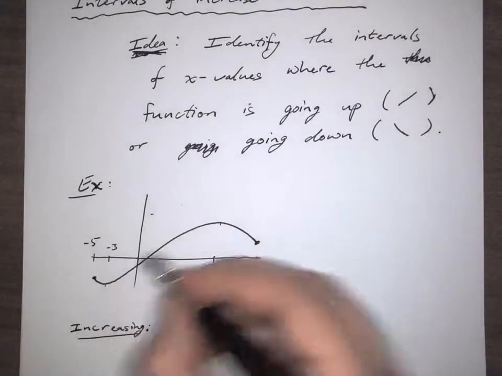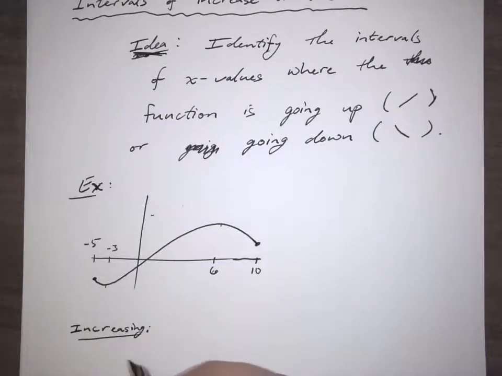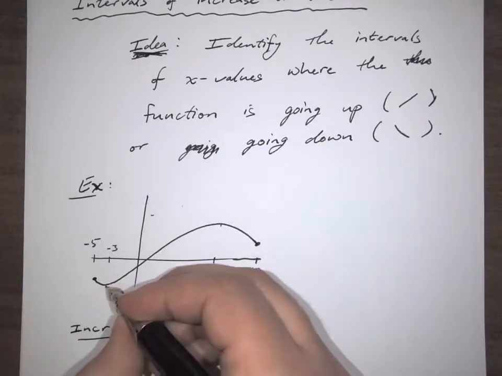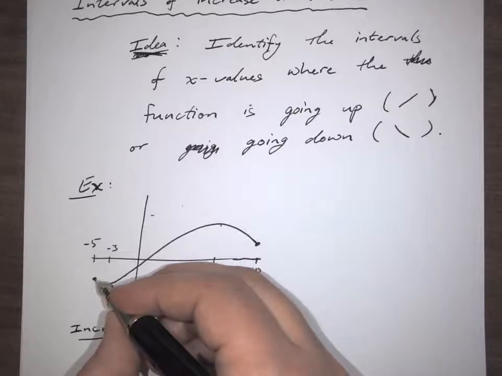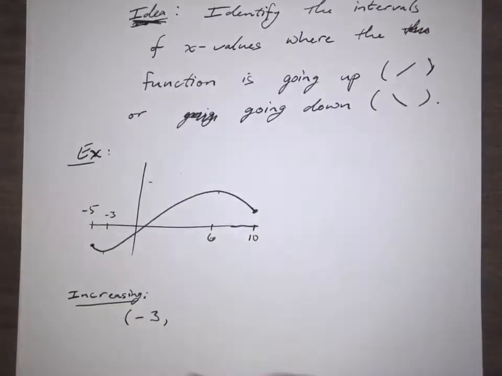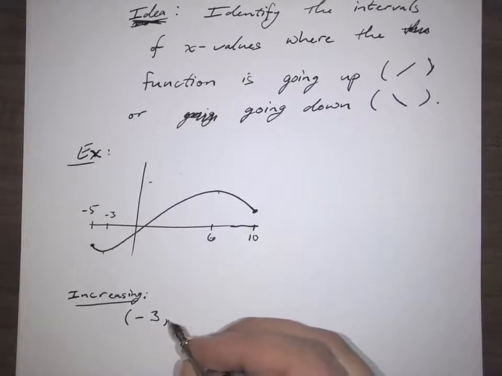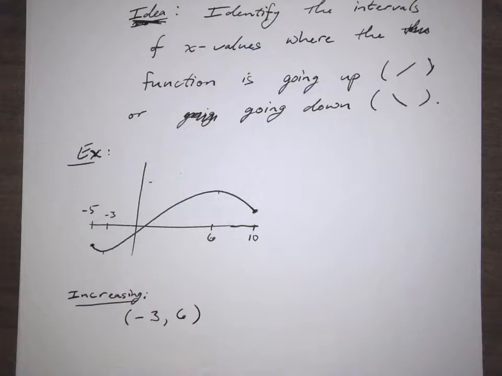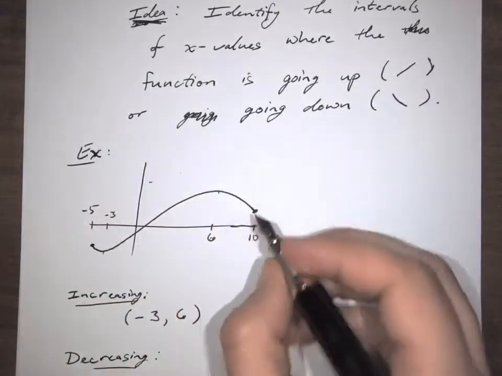We can say it was increasing from -3 to 6. Now, in a case like this, where it changes from decreasing to increasing, it's customary often to use an open parenthesis rather than a closed bracket. And then for decreasing, we're going to have two different intervals, and they are separated by this interval of increase.